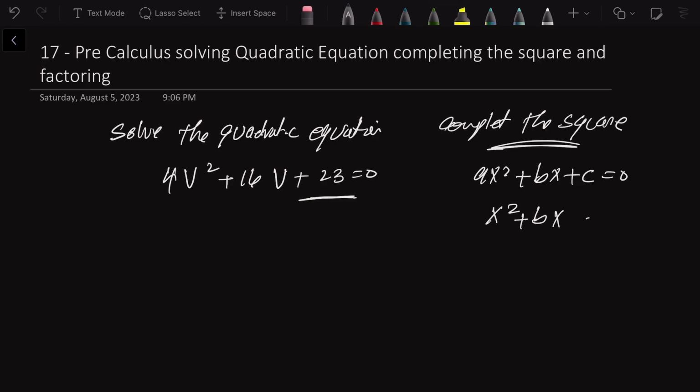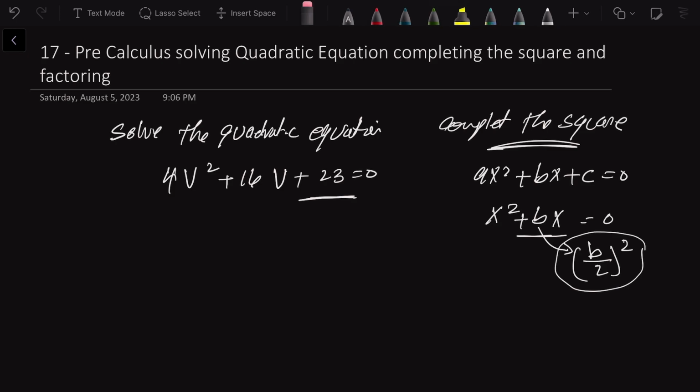And to get the value that completes the square, we take the b, divide it by 2, and square it. So let's dive exactly into the problem.